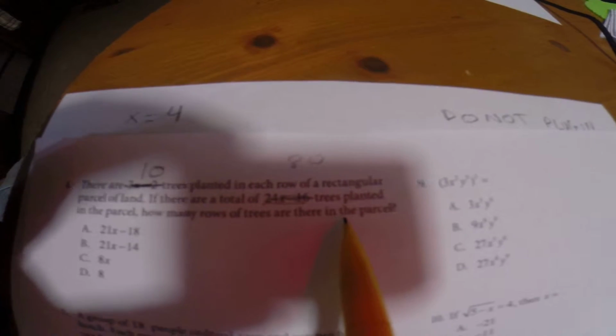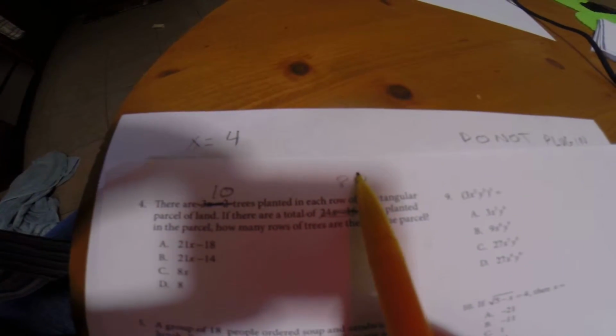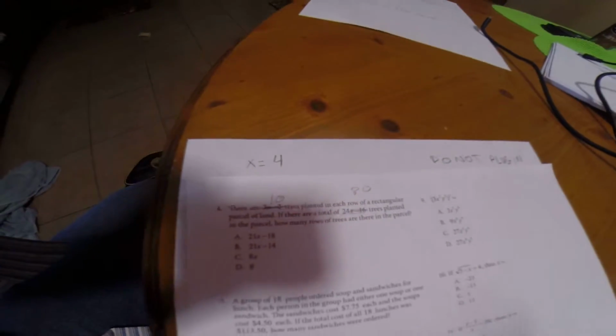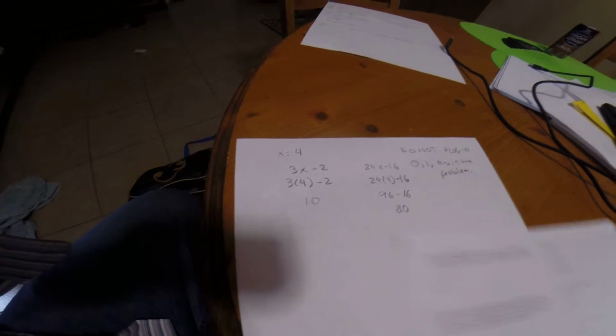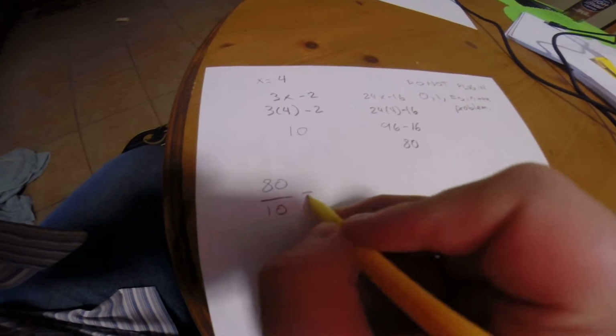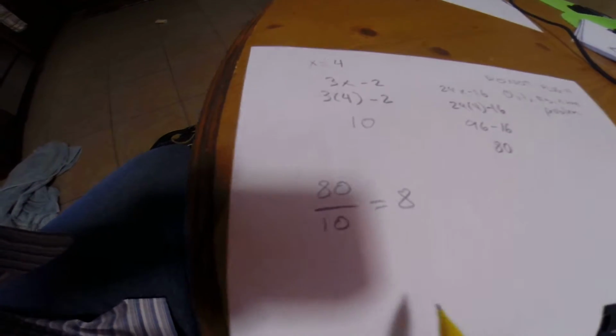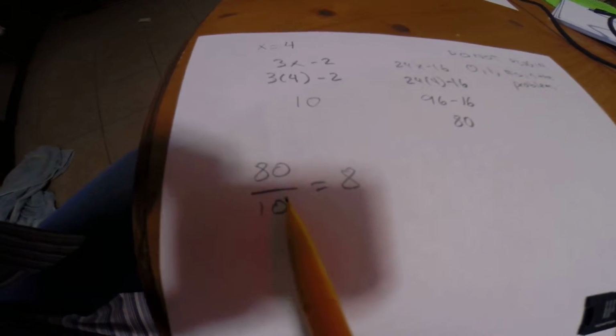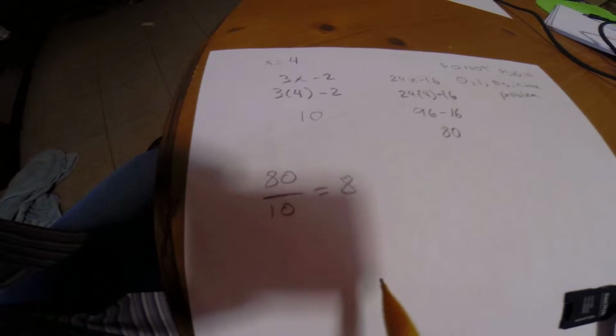How many rows of trees are there in the parcel? Okay, so if I have a total of 80 trees and I plant 10 in each row, what's the answer? I think it's pretty intuitive that we get 8, right? 80 divided by 10. Whenever you're asked how much of one thing goes into another, you divide. 80 divided by 10 gives me 8.